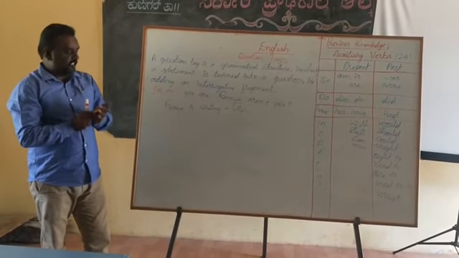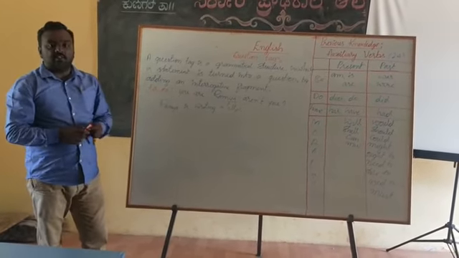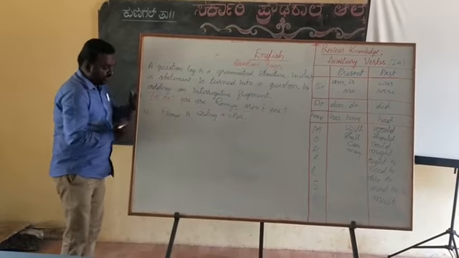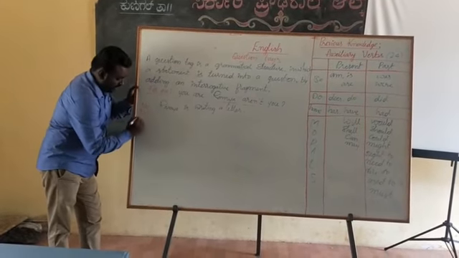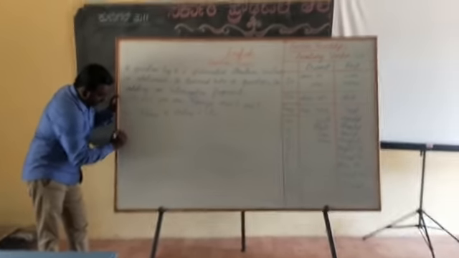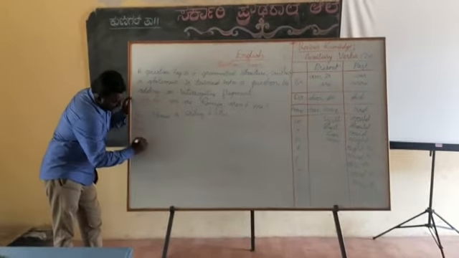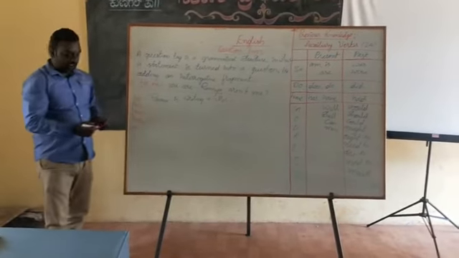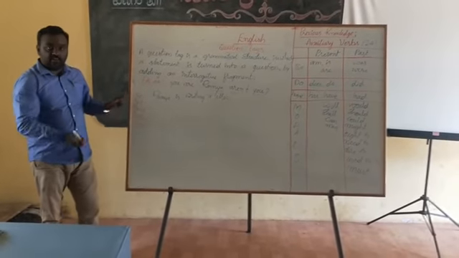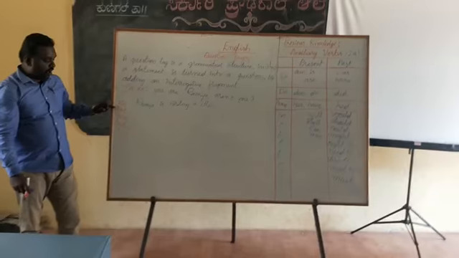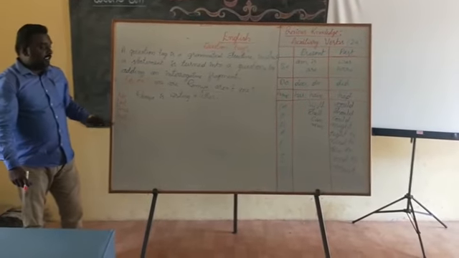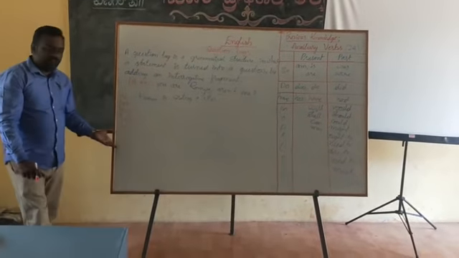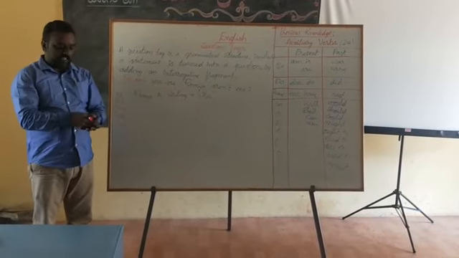For that, look for these words: no, not, never, neither, nor. If the sentence has any one of these words, then it is a negative sentence. If it has none of these words, it's a positive statement.